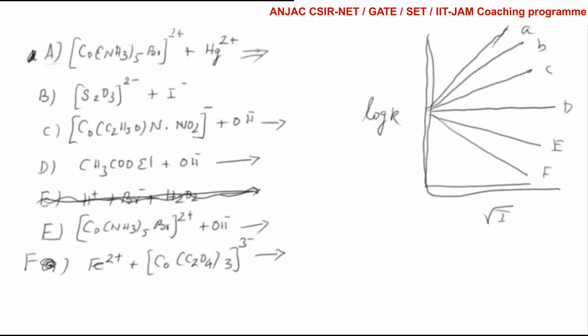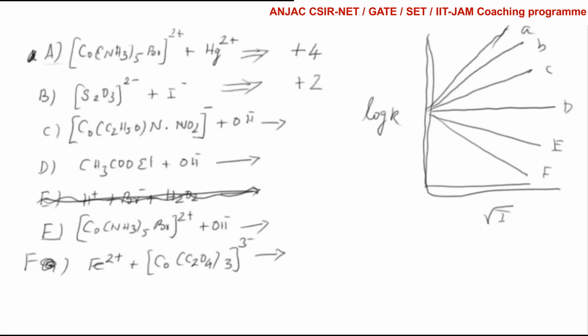A will be equivalent to what, and B will be equivalent to what, for which you have to find out only the slope of the lines by multiplying the charges on the A species and B species. Here on multiplication for the first one, A, you get plus 4. Here if you multiply 2 minus into 2 minus, plus 2.